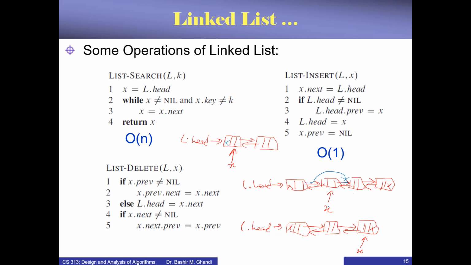Okay, so if x.prev is not nil, then set x.prev.next to be equal to x.next. The same thing will happen here because x.prev is not nil. So x.prev.next becomes x.next. In this case, x.next is nil actually.